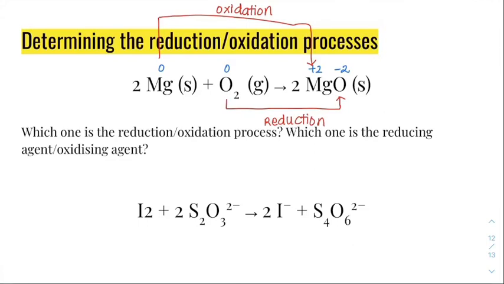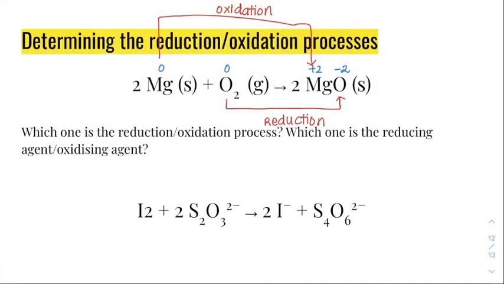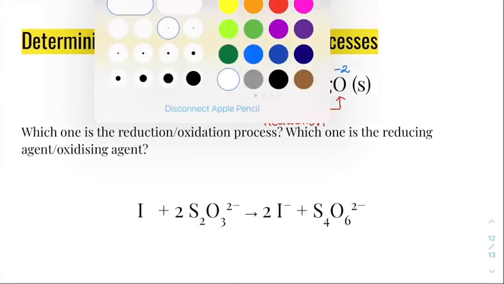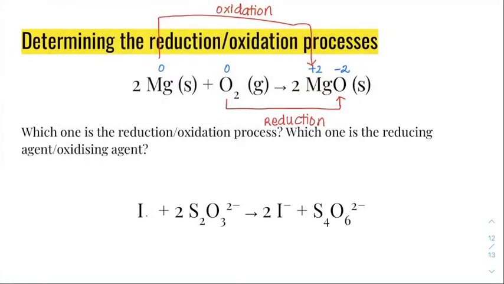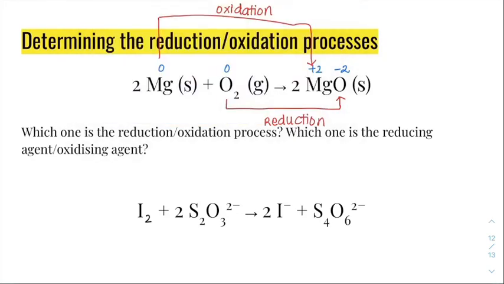What about this one? I2 plus 2 S2O3 2 minus becomes 2 I minus plus S4O6 2 minus. Fill up whatever we can fill up first.